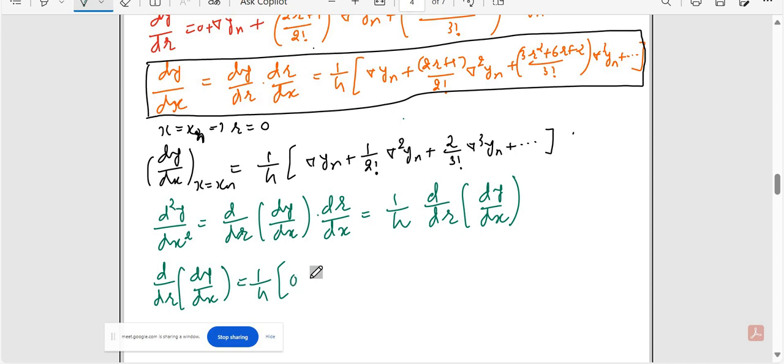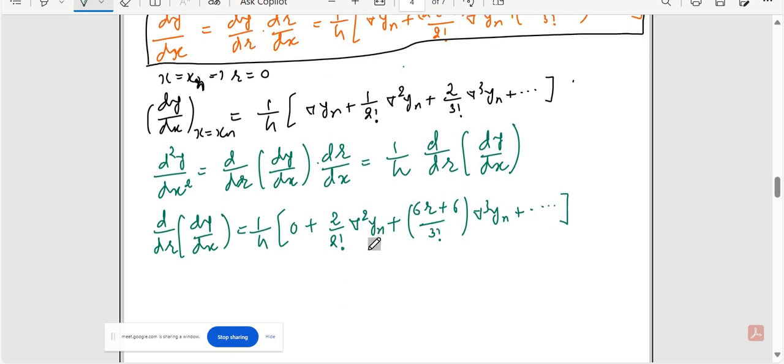Now the differentiation of this 2r plus 1 with respect to r. So 2 plus 0. So 2 by 2 factorial Δ square yn plus differentiation of this one. So this will be your 6r plus 6 divided by 3 factorial Δ cube yn and continuing this way.